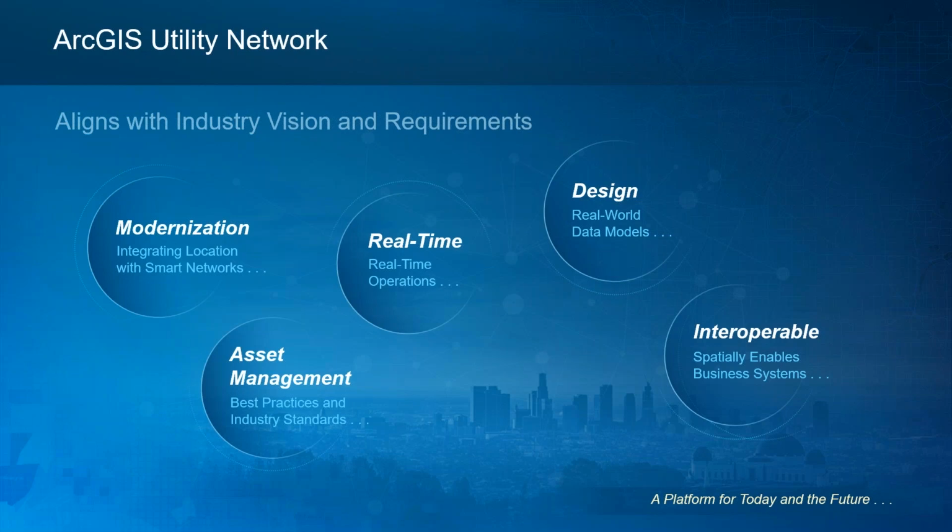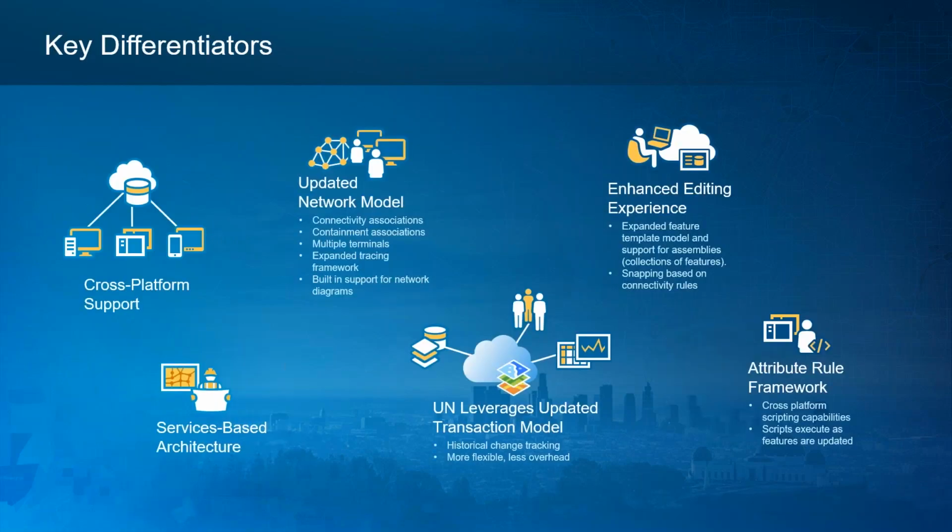It will become possible to spatially enable many other business systems and bring that network capability into other business systems. And this is really building a platform not only for today for utilities, but also for the future. Utilities are able to future-proof some of their utility information and being able to leverage the power of the utility network as technology begins to and continues to evolve.